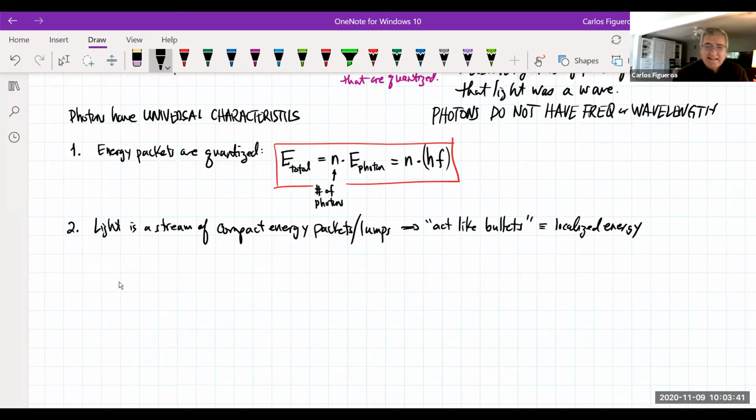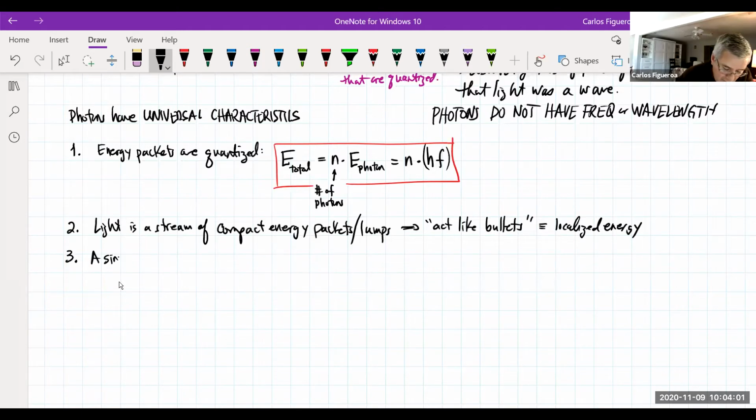And then the last thing here that I want to say that's universal, and you got to be really careful here because the language in textbooks is very poor. By the way, even Einstein said it initially this way, but it's been shown that this is not correct anymore.